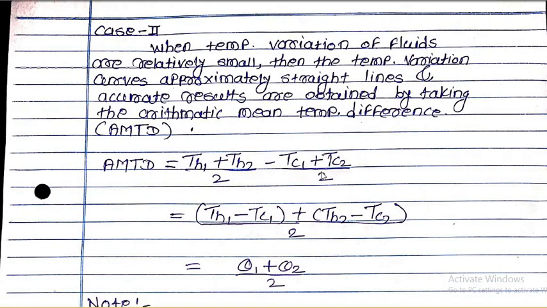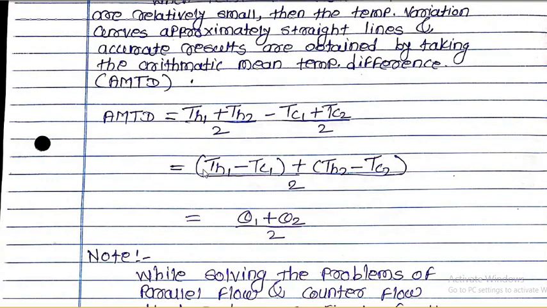If you rearrange this, the minus sign also goes to TC2 when taken inside the bracket, so minus TC1 minus TC2. Separating the brackets, we get TH1 minus TC1 plus TH2 minus TC2.